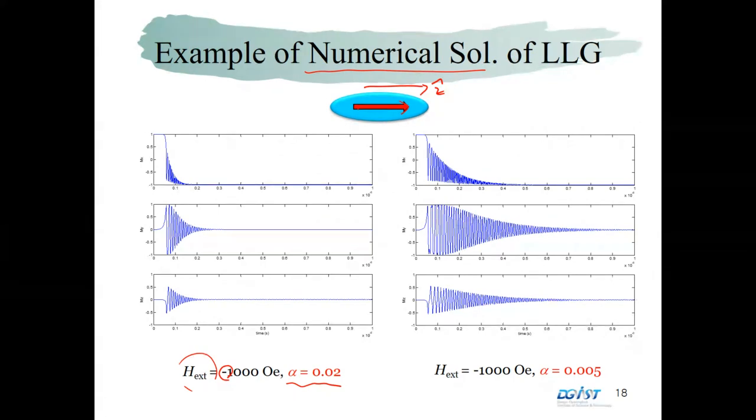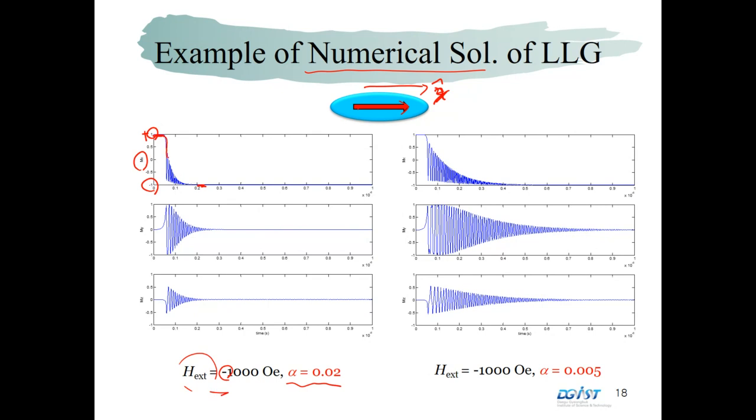So this is the result. I'm sorry, in this calculation I use the x component. They start at +1, and eventually they go to -1. That means they are switched by the external magnetic field.